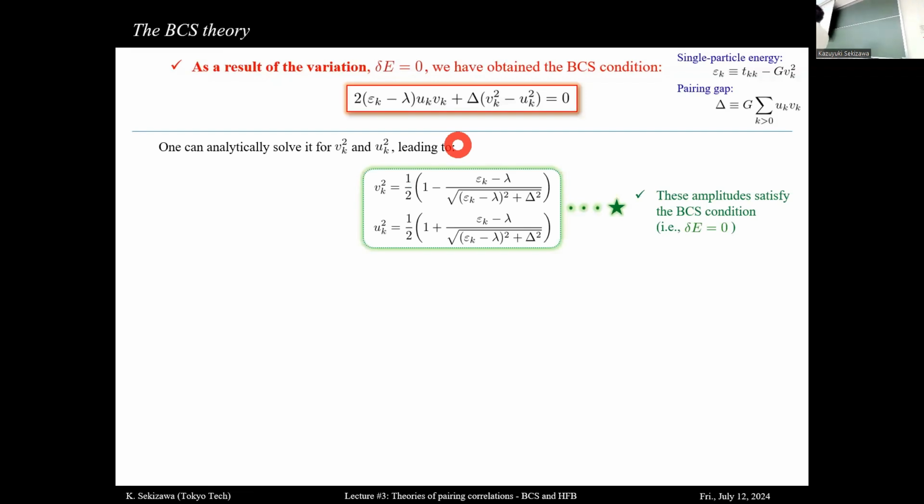So we can solve this equation analytically. You can rewrite this equation for UK square and VK square, and you can derive this equation.